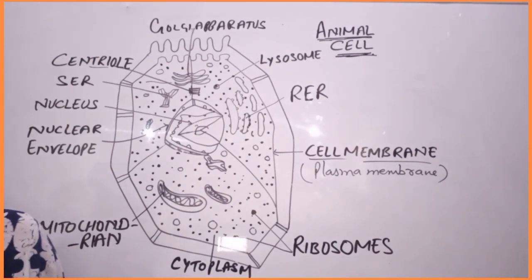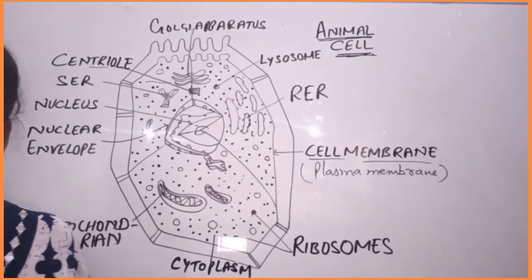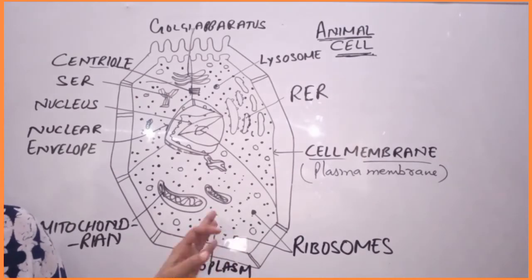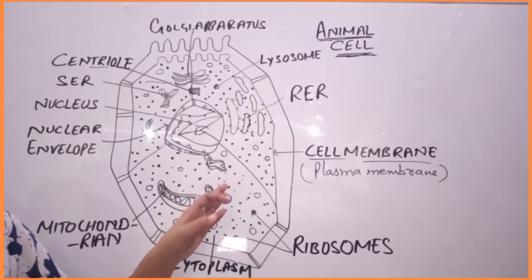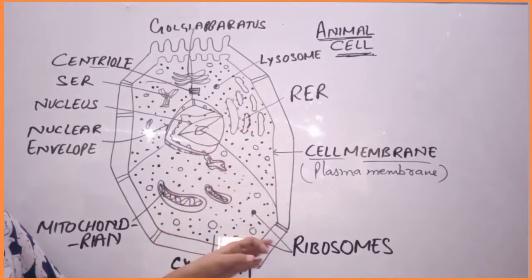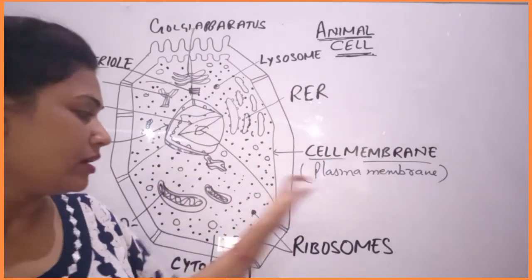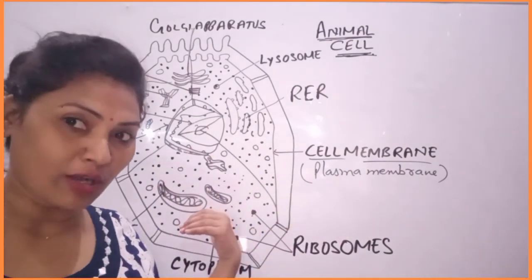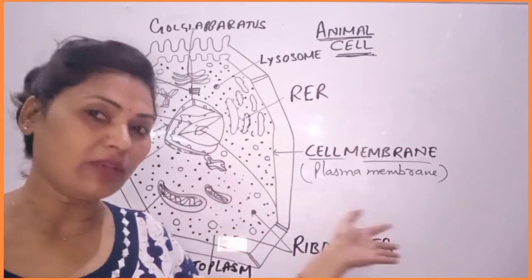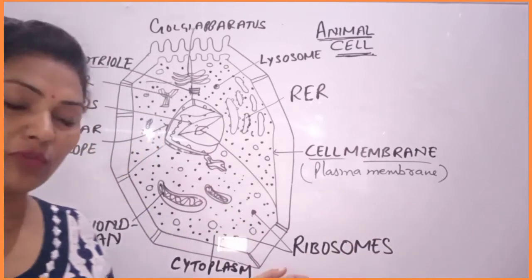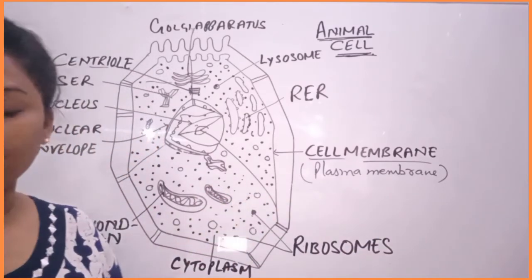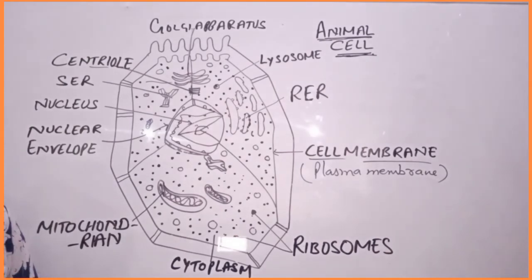It protects the cell and gives it a definite shape. Another function: being porous, it controls the entry of various substances into and out of the cell. So everything will not come inside and everything will not go outside; it gives entry accordingly.